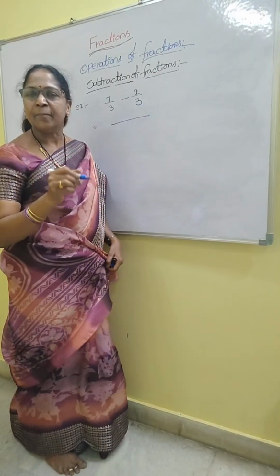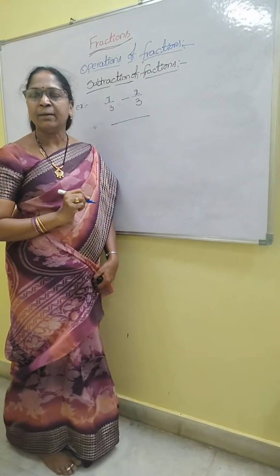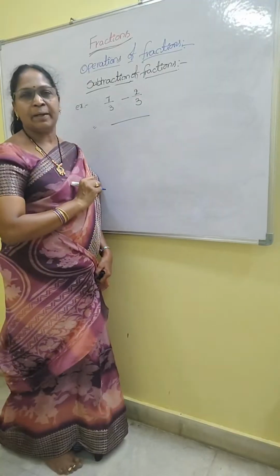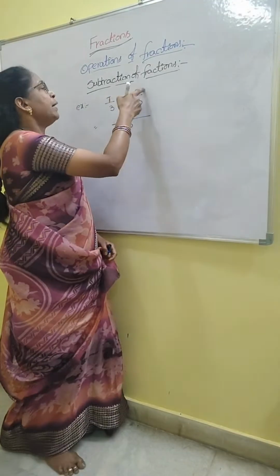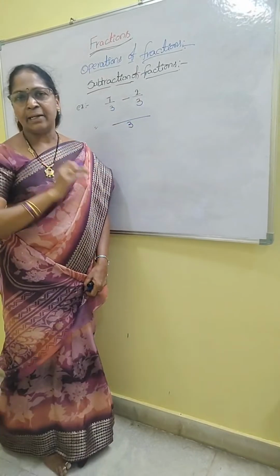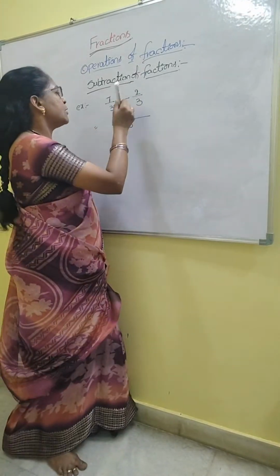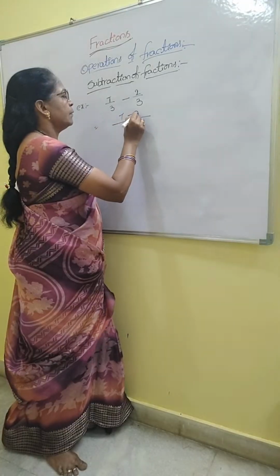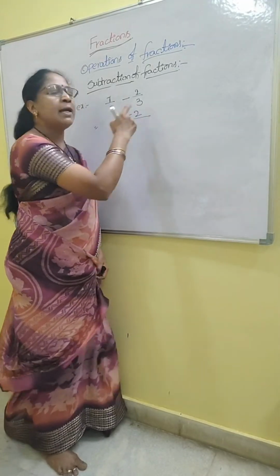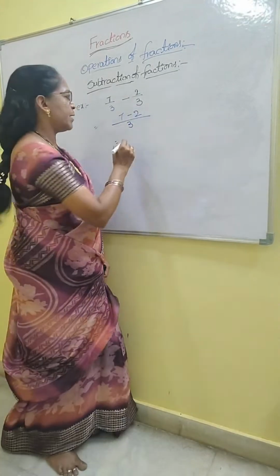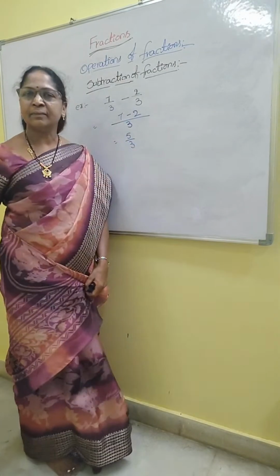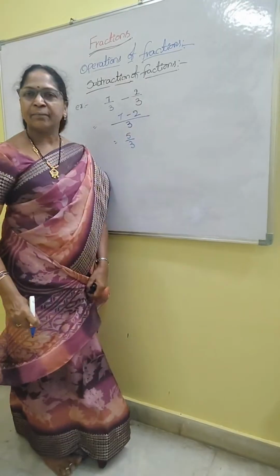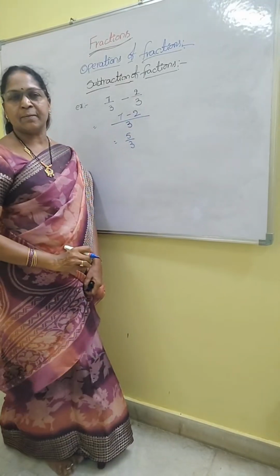Here what is the denominator? 3 is the denominator. Now write down 3 and write down the numerator values as they are. See, 7 minus 2 equal to how much? 5. This is the answer. This is the basic procedure.